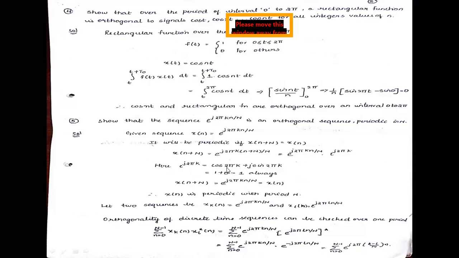Whatever the coefficient of x is there, you can take that as cos 2 pi into x plus j sin 2 pi into x. Here it is k only. So cos 2 pi k plus j sin 2 pi k; cos 2 pi the value is 1, sin 2 pi is 0, so it is equal to 1. So e power j 2 pi k always the value is 1.